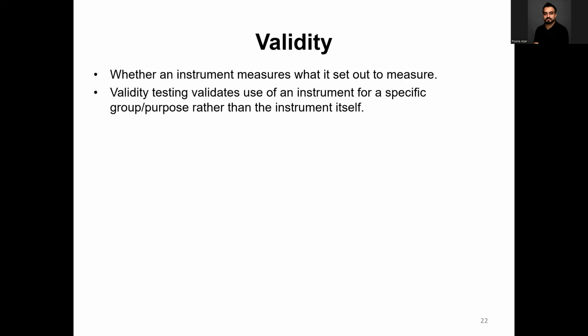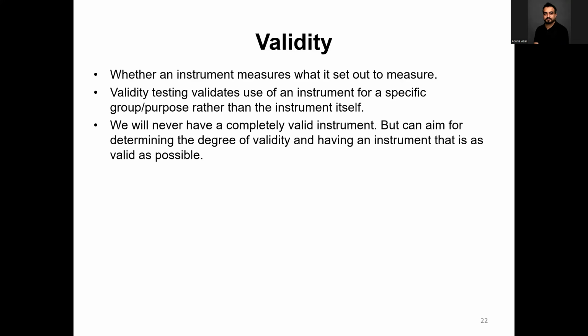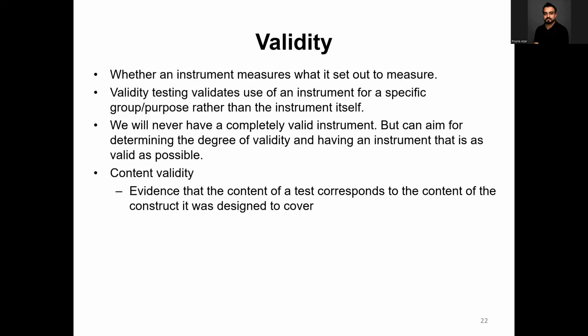So just remember, validity is whether an instrument measures what it set out to measure. We will never have a completely valid instrument, but can aim for determining the degree of validity and having an instrument that is as valid as possible. There are different types of validity. We have content validity. That is the evidence that the content of a test corresponds to the content of the construct it was designed to cover.